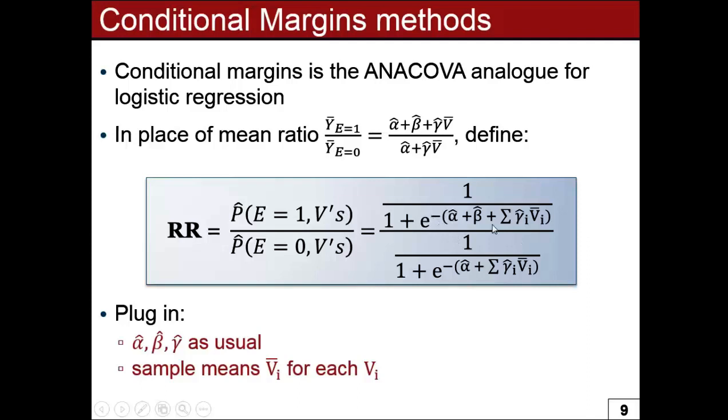This is just the logistic regression equation, and here we have exposure, here we don't. And what we're going to do is plug in alpha and beta hat and all these pieces as usual from the SAS output. Okay, and then what we're going to do here is plug in the sample means of all of the potential confounders. So one simple best guess is just to put in the mean for everything over here.